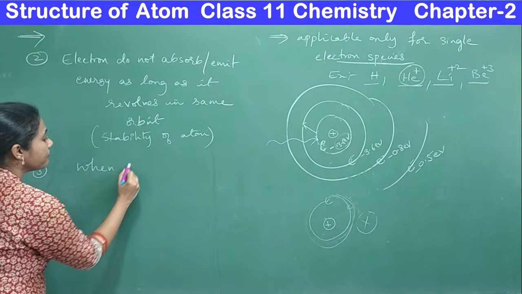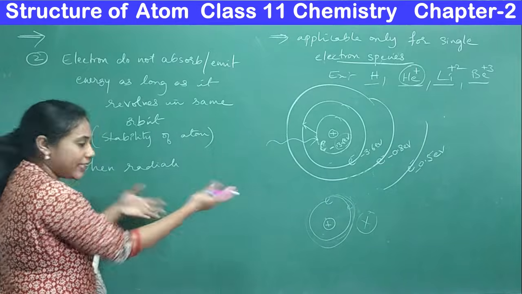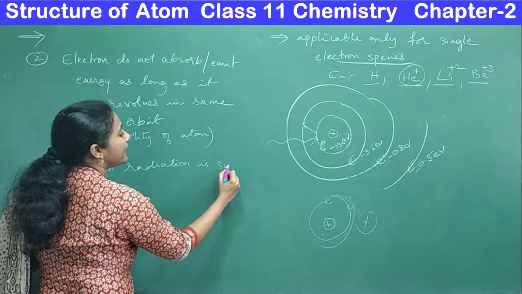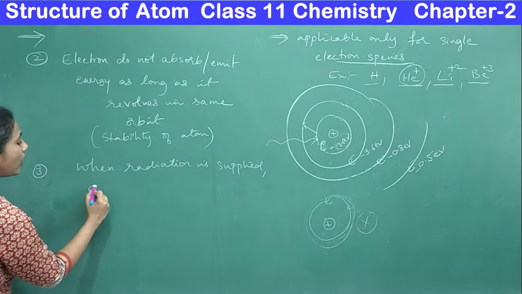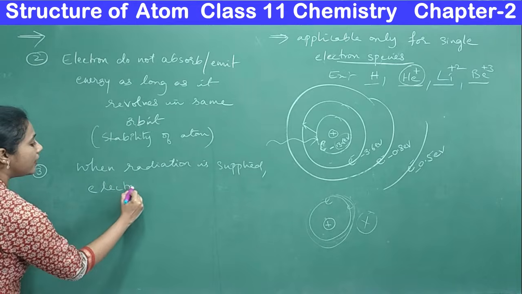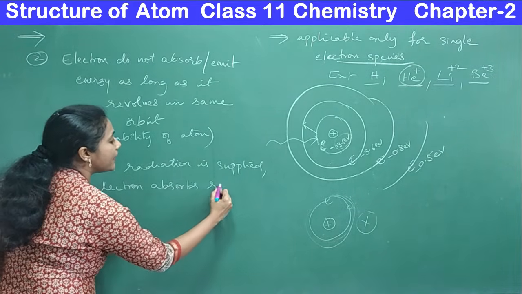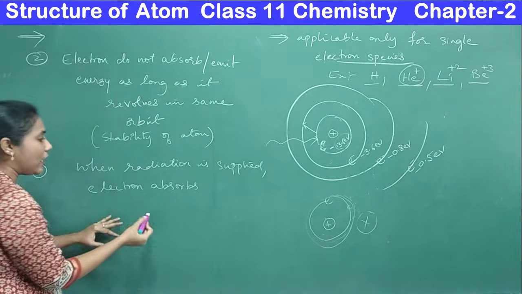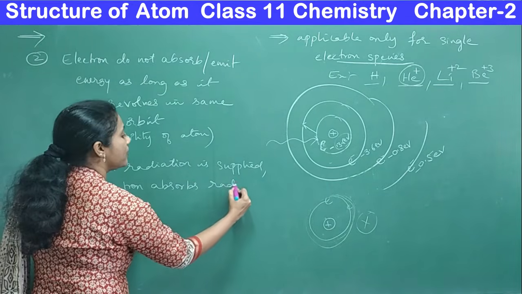When an atom is exposed to radiation, or when radiation is supplied, the electron absorbs radiation. Absorbing radiation means the electron gains energy.